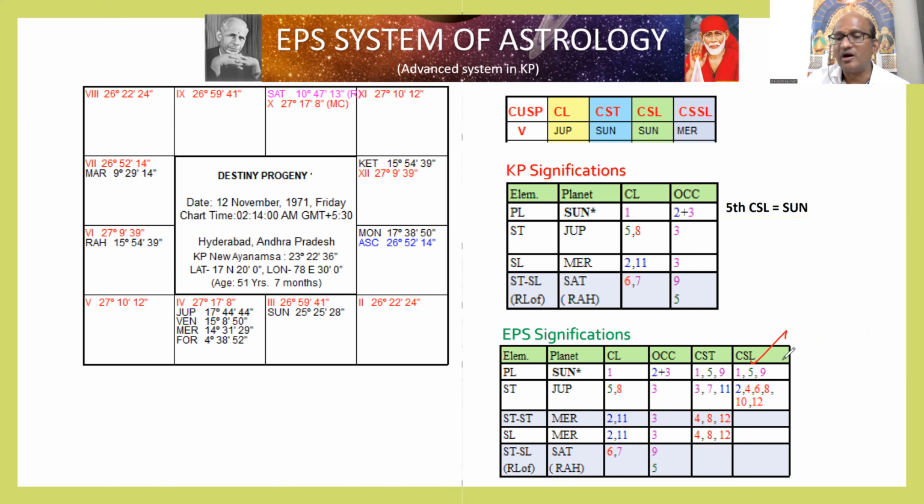The fifth cuspal sublord is in the star of a planet which is favorable up to the CST but unfavorable at the CSL, and the planet and sublord are all having strong obstacle causing houses, further supported by the Jupiter by way of conjunction, so that destiny is weakening when we are studying from top to down.